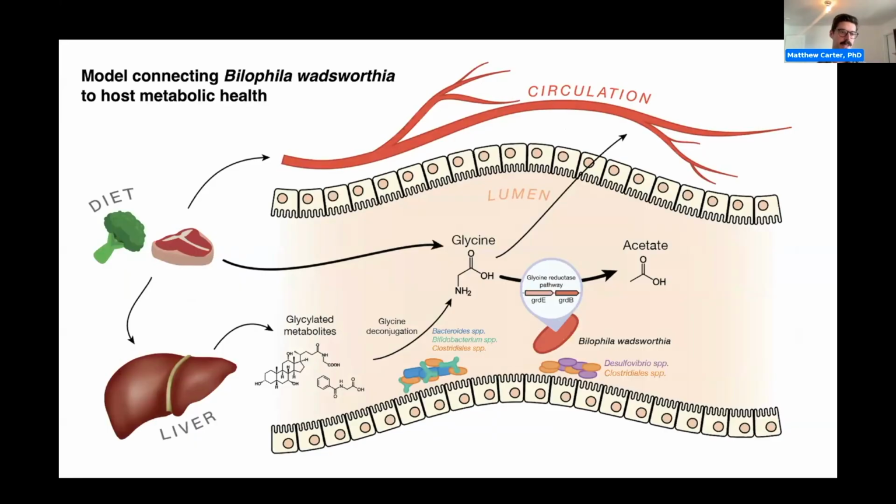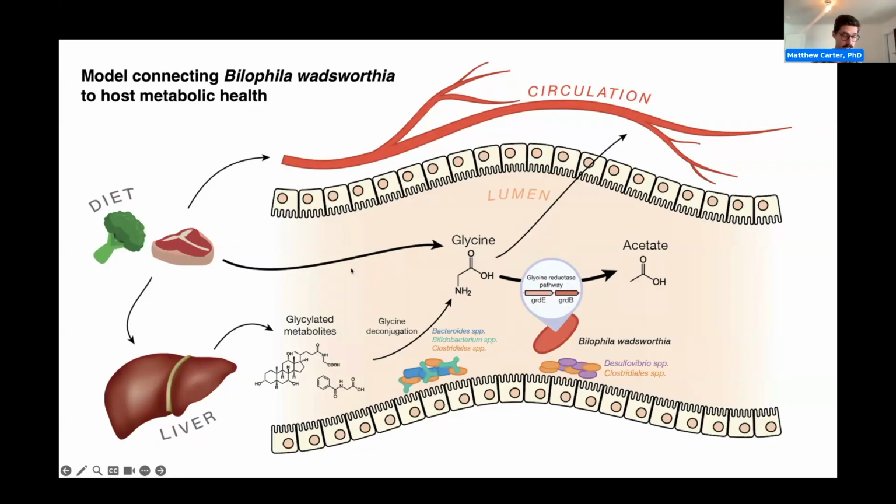And so the model that we built from these multi-omics associations, that we're interested in testing, is that in a normal circumstance, you're eating glycine, and as I alluded to, there are lots of things that the liver will conjugate glycine to, such as bile acids that will then enter the lumen of the intestine. And then there are bacteria such as Bilophila wadsworthia that have this glycine reductase pathway, which basically ferments glycine to acetate.